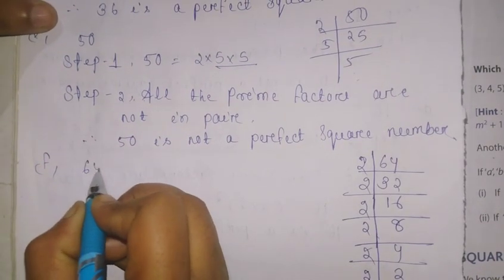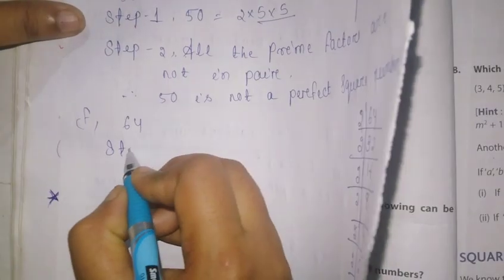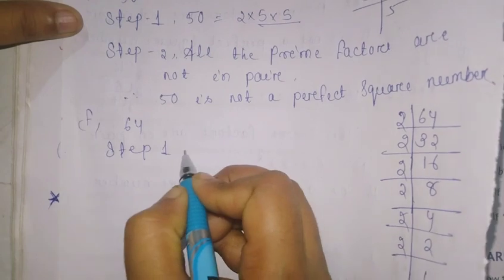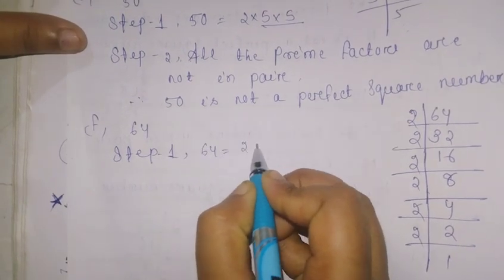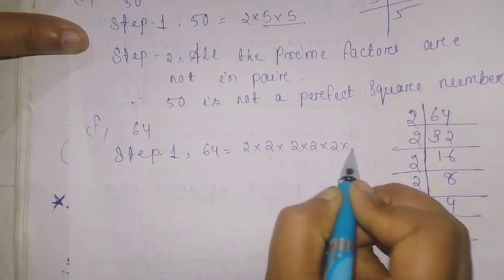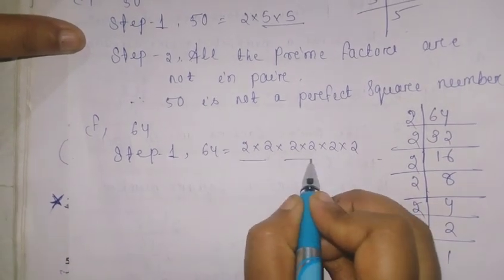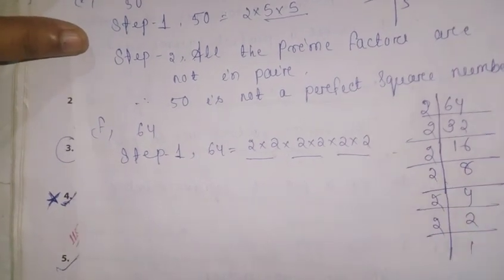Then step 1. 64 equal 2 into 2 into 2 into 2 into 2 into 2. Then we make its pair. All the prime factors are in pair.